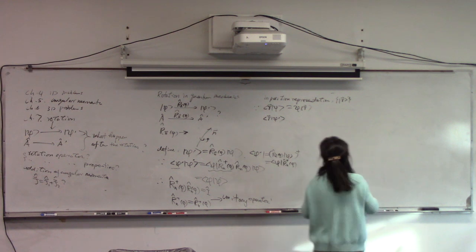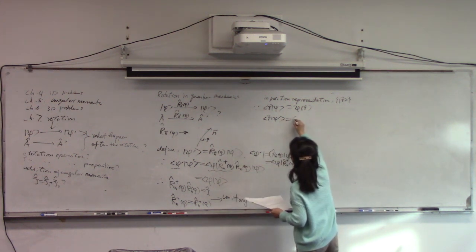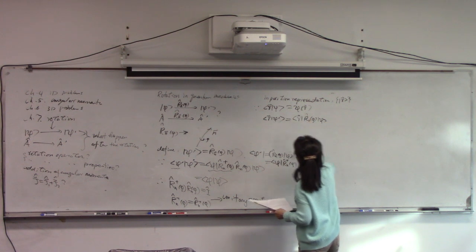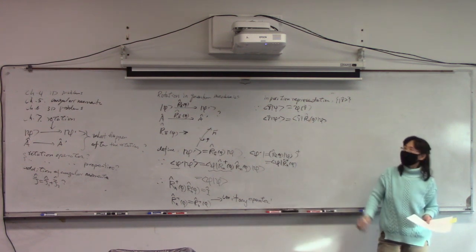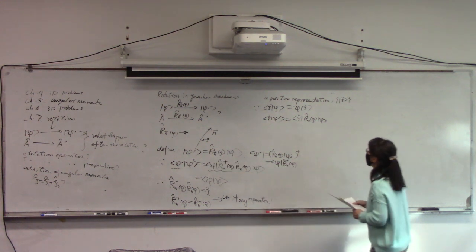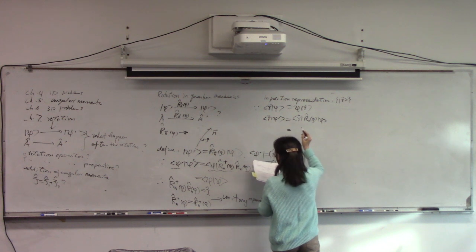So now let's consider here: R is the rotation operator, and psi prime is defined this way. Let me write it down.